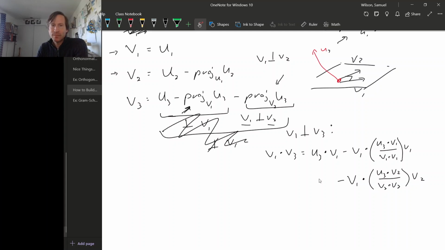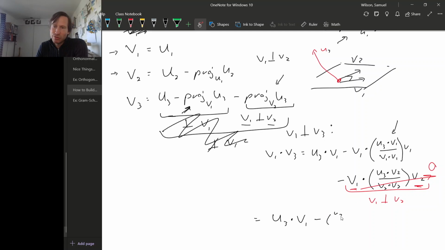Okay. This last term, we already know that v1 is perpendicular to v2, so this last term is 0, right? Because we have v1 dotted with a scalar multiple of v2. So we're getting u3 dot v1 minus, now we need to work out this mess. We can pull this scalar multiple out in front.